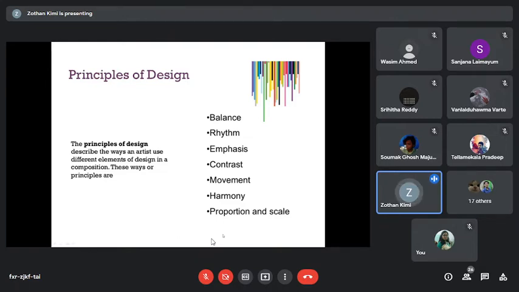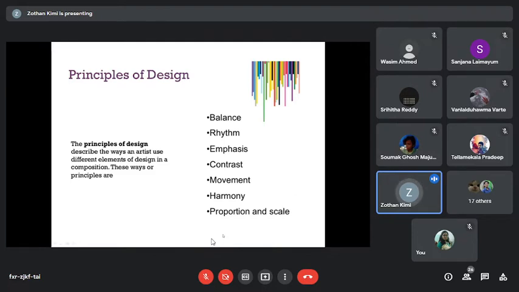For me personally, I do graphic design on the side, so these principles have helped me a lot. It's for any kind of design, even fashion design, interior design, in all the spheres. So these are important.